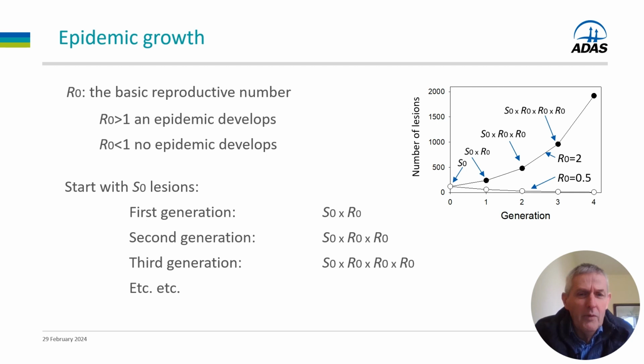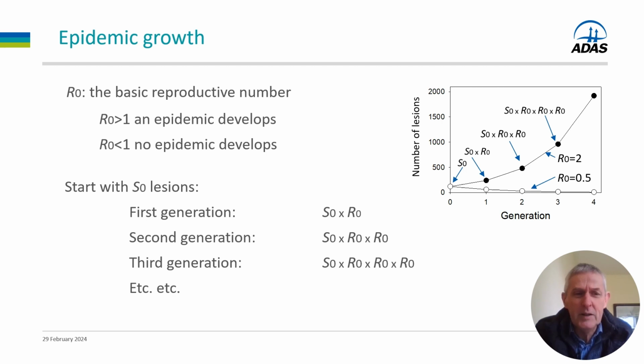Now, two things come from this. First of all, we can slow down the rate of the epidemic by reducing R0. For example, variety resistance and fungicides all affect R0. The other thing we can do is try and reduce the initial inoculum, so reducing S0.